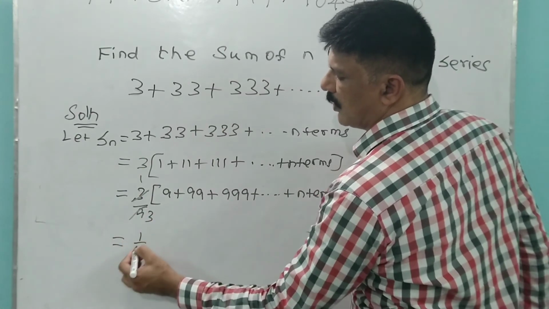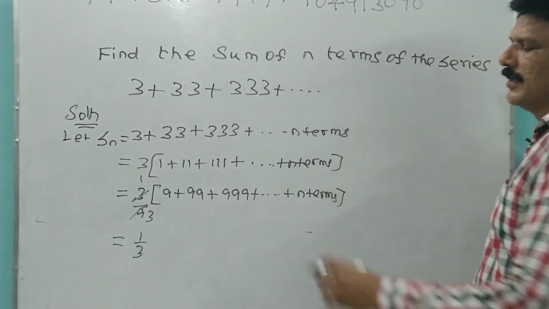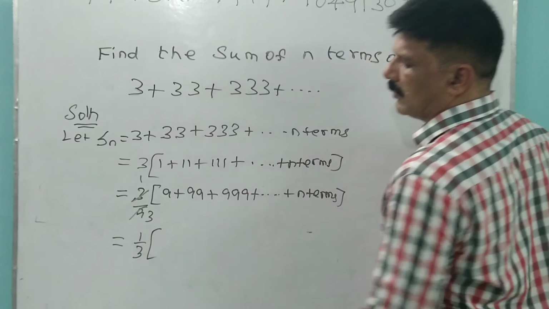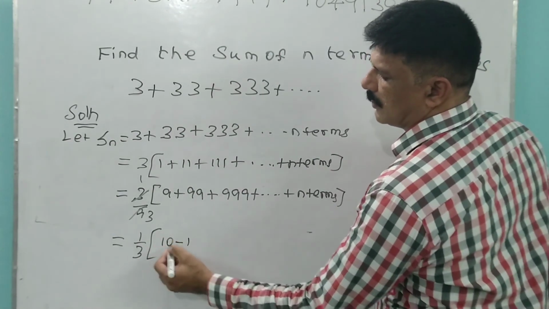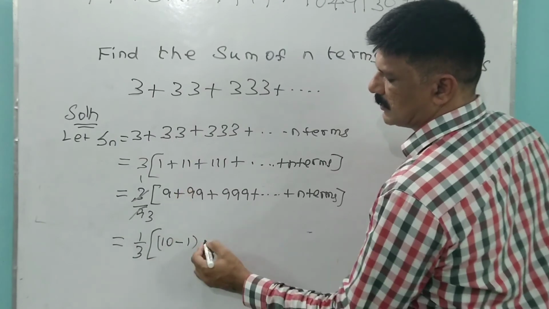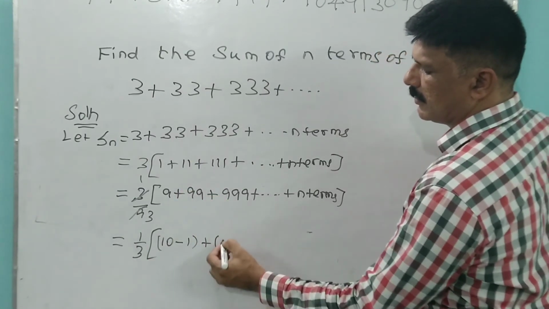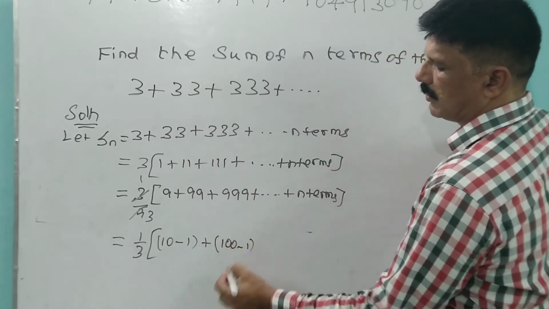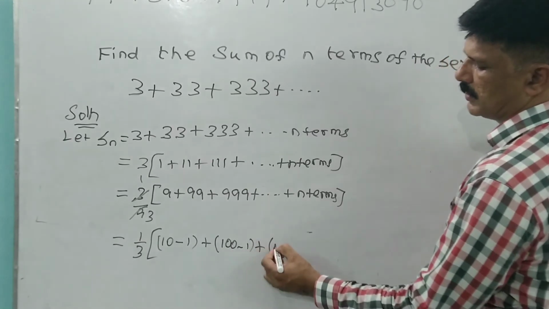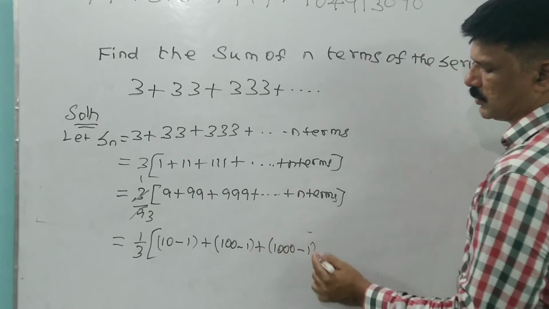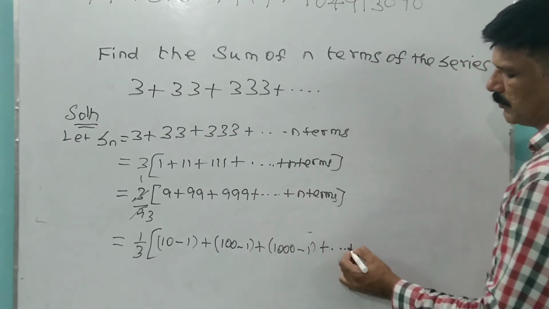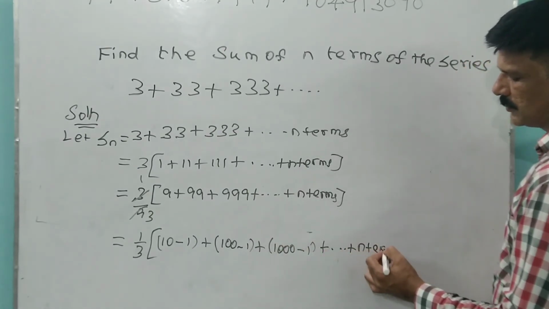So take outside 1 by 3 as the answer. Here we can write 9 as 10 minus 1, plus 99 as 100 minus 1, plus 1000 minus 1, 999, plus etc., plus n terms.